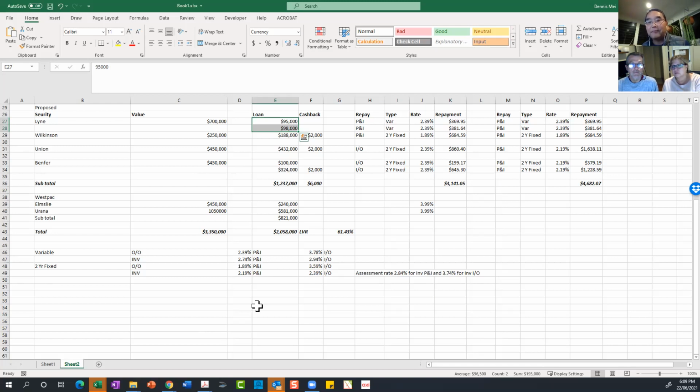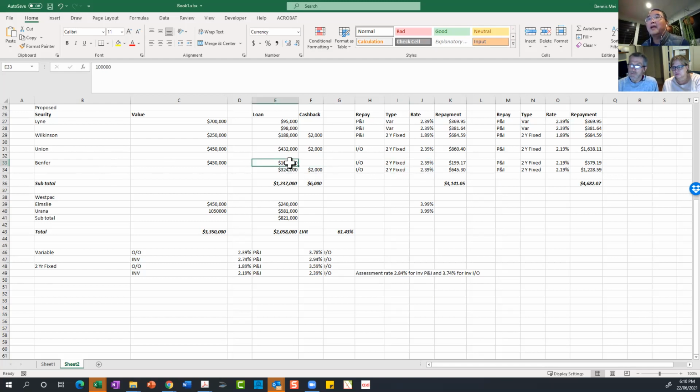I know it is for investment. However, if you don't pay interest, why not? What would be the purpose of that? The purpose is you can save interest. For example, for this $100,000, this is one of the bank loans, you pay interest at least 2.39% if you pay interest only for a 2-year fix.